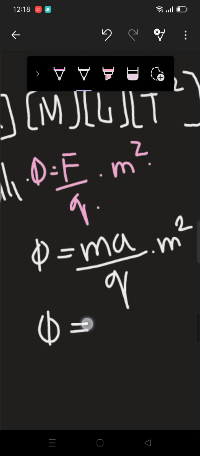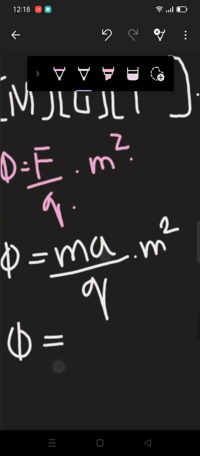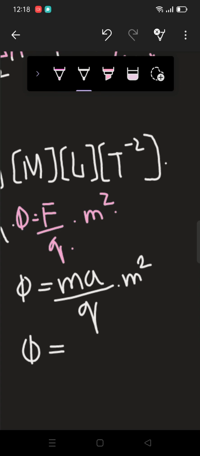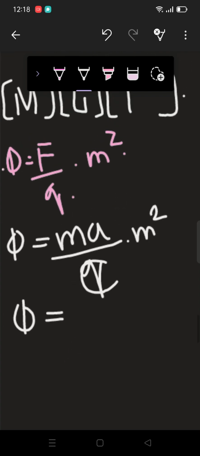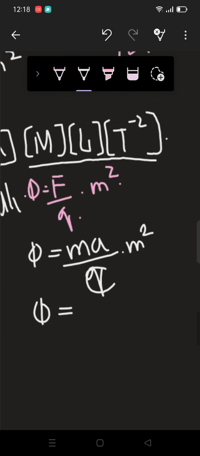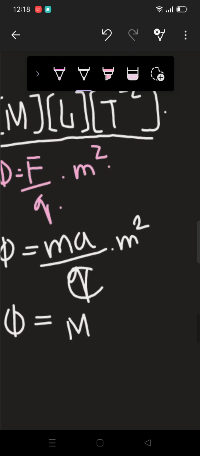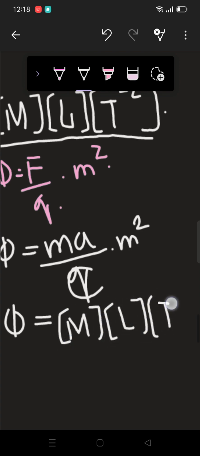So phi is equal to, now what is the dimension of ma, that we have taken out already. Instead of this q I can write coulomb, that would be fine, because we know that the unit of the charge is coulomb. So ma, we have already taken out the dimension, and that was equal to m L t minus 2.